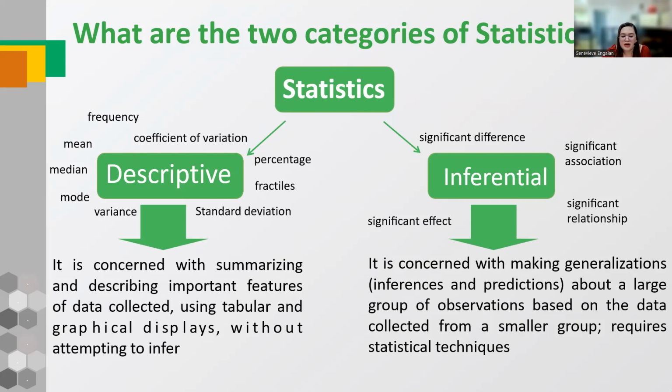What is the average age of the second year students? That is describing the population or the data that you collected. The inferential is, is there a significant association between the number of hours of sleep and the score in the exam, or is there a significant relationship, or a significant effect, or a significant difference between this group versus that group? So that is inferential.